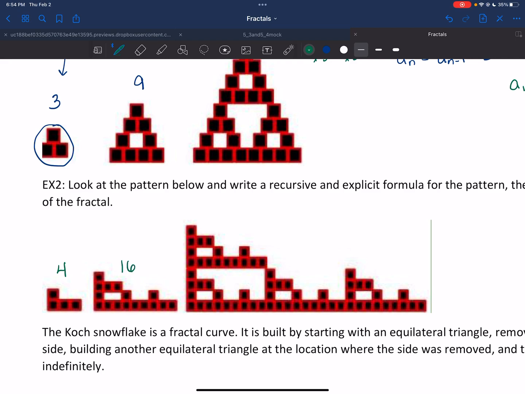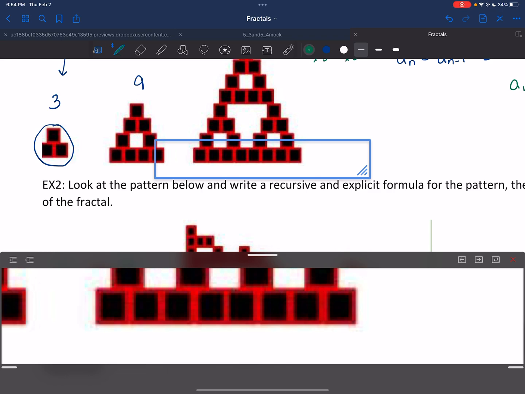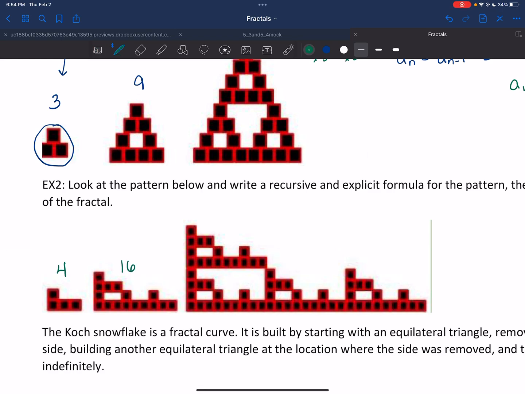Now I'm going to look at this bigger pattern. It looks kind of like a lounge chair or something, or a sandal. So looking at this, I look at how many times I see that repeated. I see that repeated once, twice, 3 times, and 4 times. So with 16 times 4, I get 64.